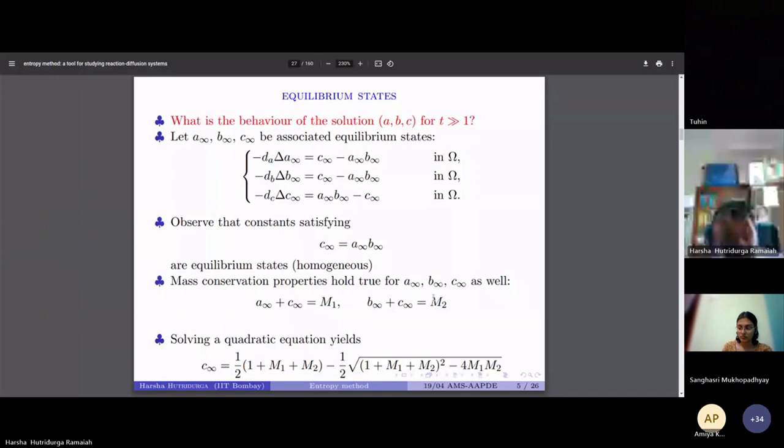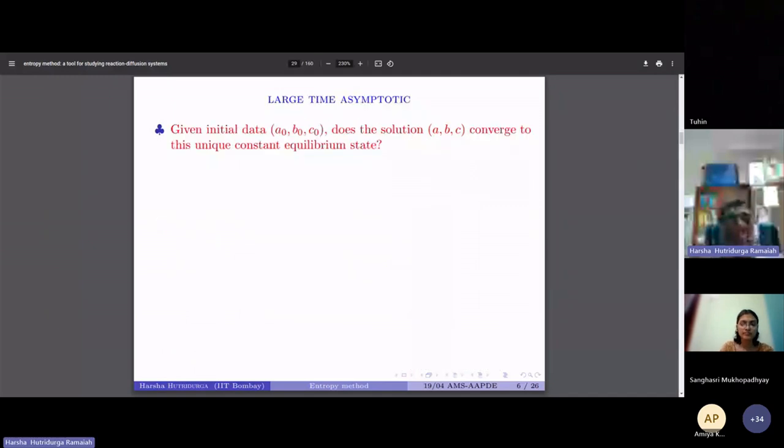So now we ask the following question. Once you have fixed your initial data for your evolution problem, this 3x3 system, will the unique solution A, B, C converge to this homogeneous equilibrium state? In fact, this particular question was answered for this 3x3 system by Laurent Desvillettes and Klemens Fellner back in 2006, and their theorem goes as follows.